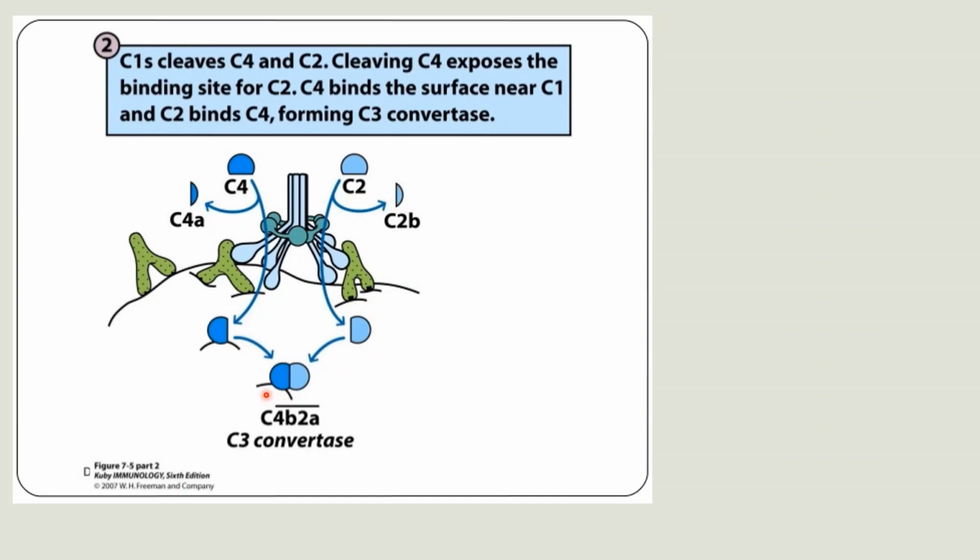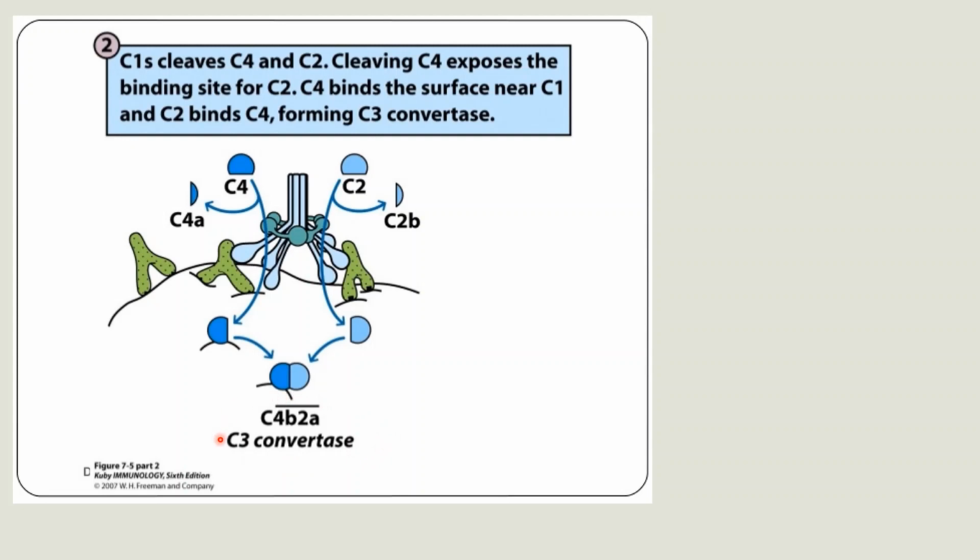This forms the complex C4b2a. That complex C4b2a is called C3 convertase, which means that it can cleave C3, or convert C3 into its active form. That's why it is called C3 convertase.